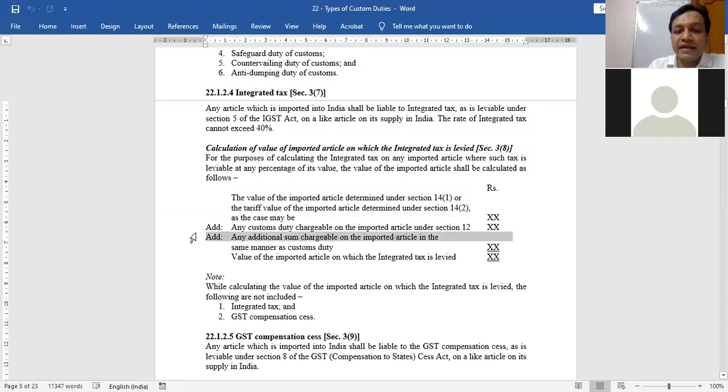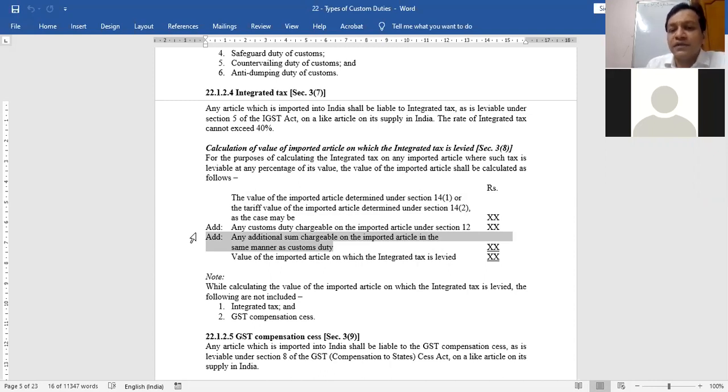Then any additional sum chargeable on the imported article in the same manner as custom duty. Now this social welfare surcharge, national calamity and contingent duty, road and infrastructure cess, these are not imposed through the Tariff Act. These are imposed through Finance Acts. But what is this category which is written?